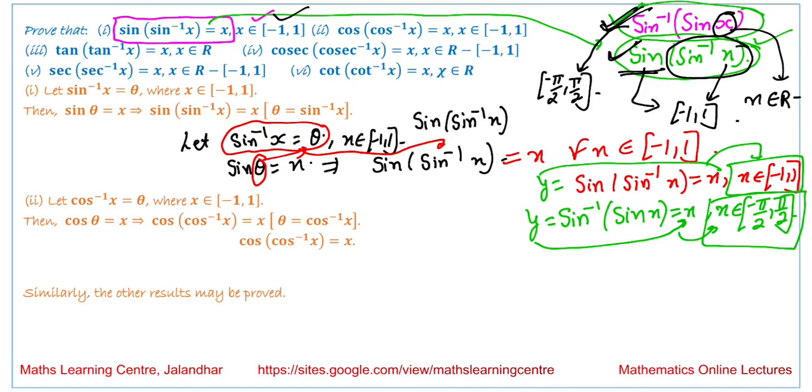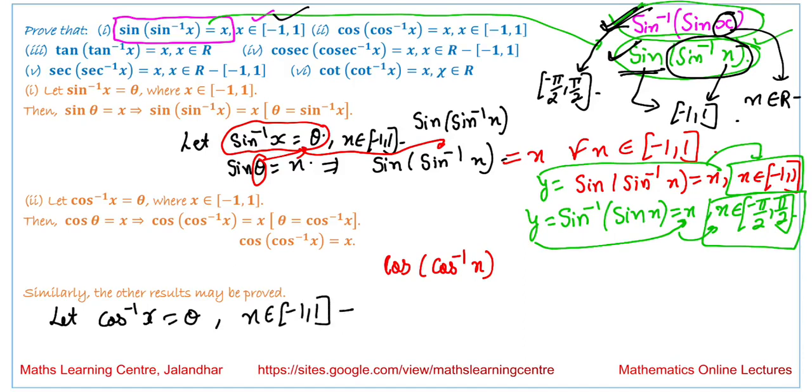Similarly, the next case we have is cos of cos inverse of x. We have to find the value of this. So we say let cos inverse of x be equal to theta, where x belongs to the interval -1 to 1. So we will have cos of theta is equal to x.